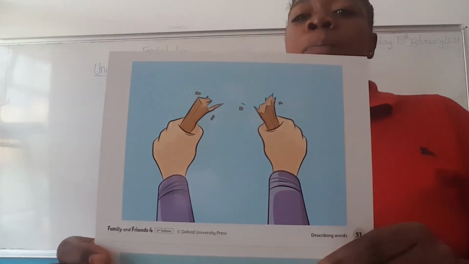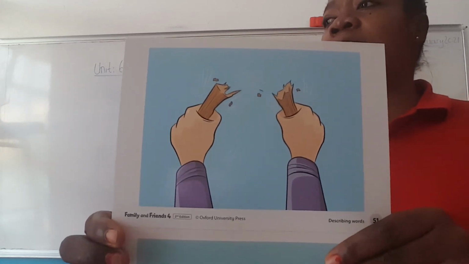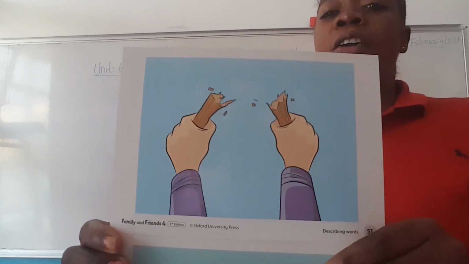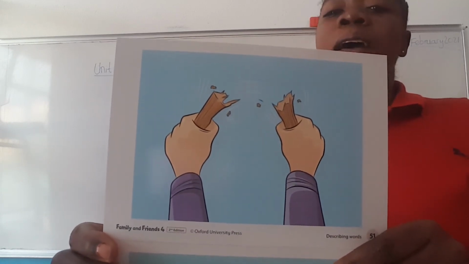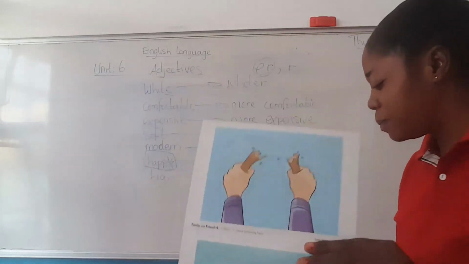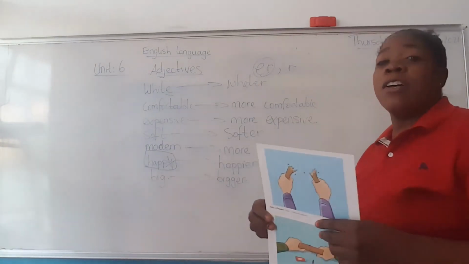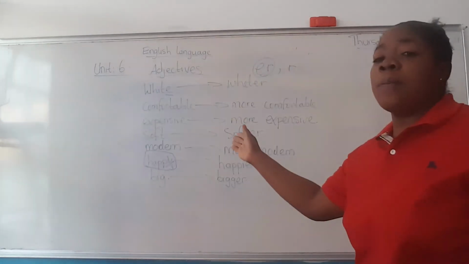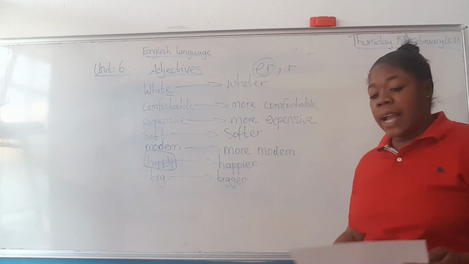He says break is an adjective. Wrong. Break is not an adjective. Who can correct him? Miguel? Yes. Break is a verb. Very good. Clap for him. Break is a verb, because a verb is an action word. Break means to put something apart with your two hands.